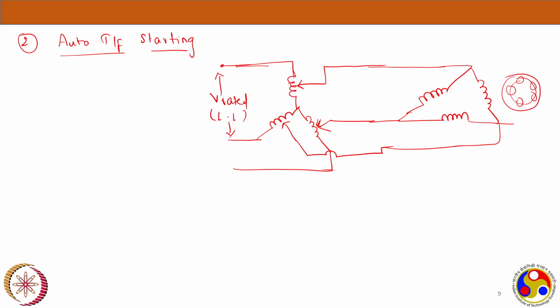This is the current that the auto transformer is drawing from the supply, the starting current supplied by the supply. And here is the starting line current of the machine.